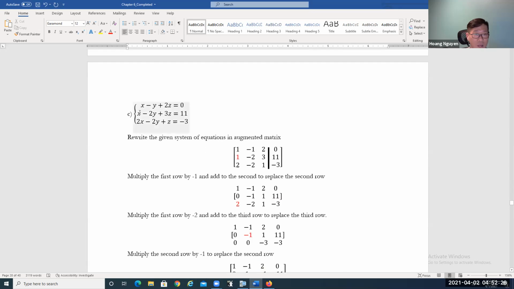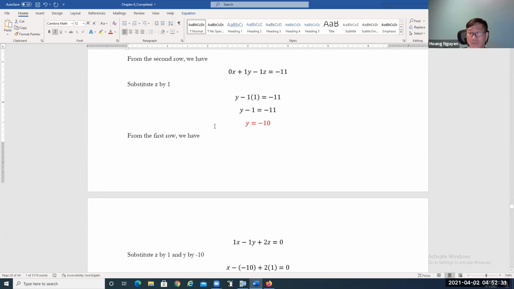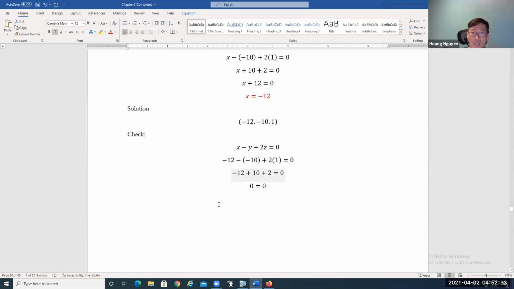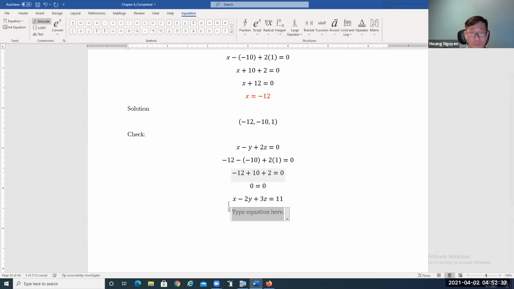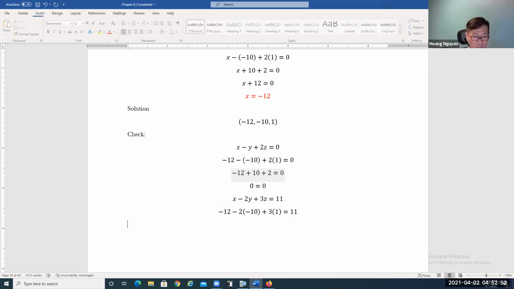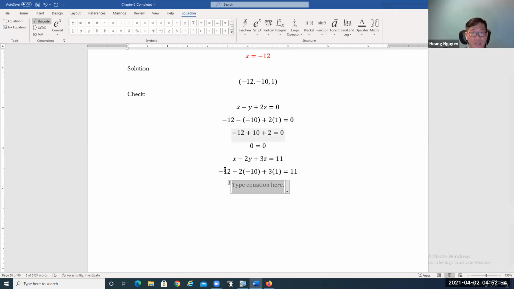Now the second equation. In order to be a solution, it must be true for every equation in the original system, so that's why we have to make sure. x equal negative 12, minus 2 times y, which is negative 10, plus 3 times z, which is 1, should give 11.